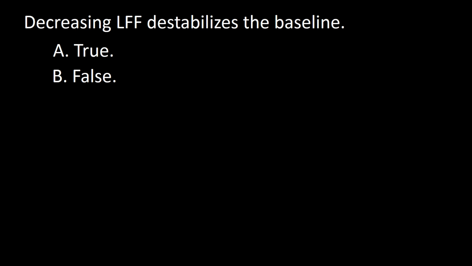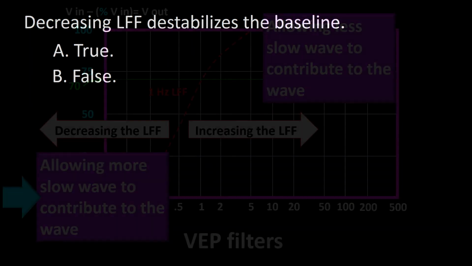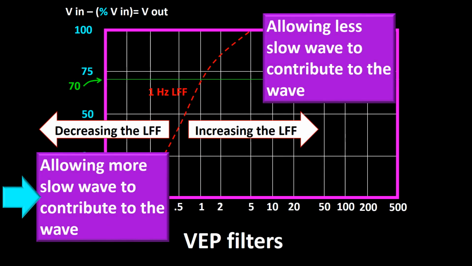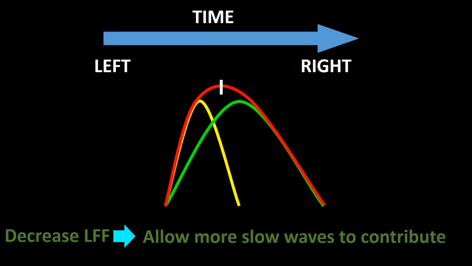Next question. Decreasing the low frequency filter destabilizes the baseline. A true, B false. By decreasing the low frequency filter, we allowed more slow waves to contribute to the ultimate wave. In this frame, I am representing the effect of decreasing the low frequency filter. As you can see, I have added a slow wave in blue.